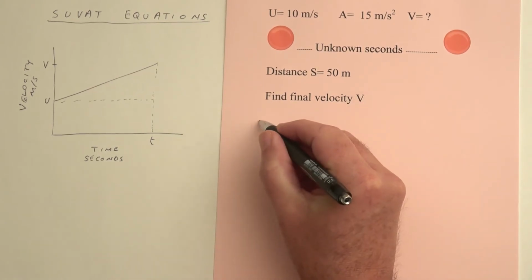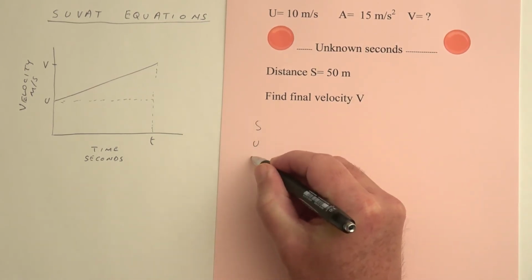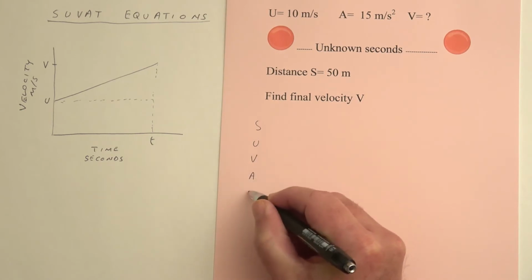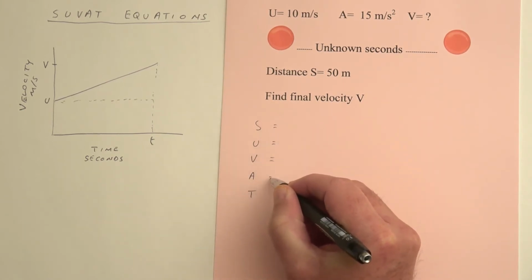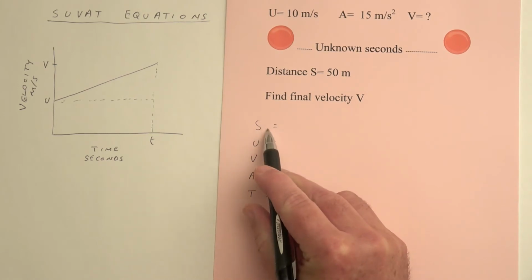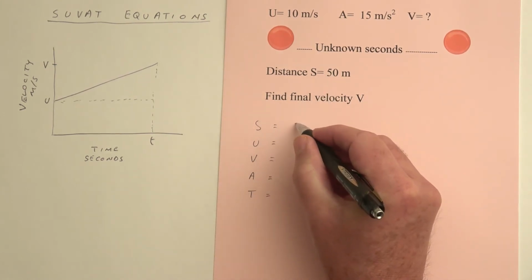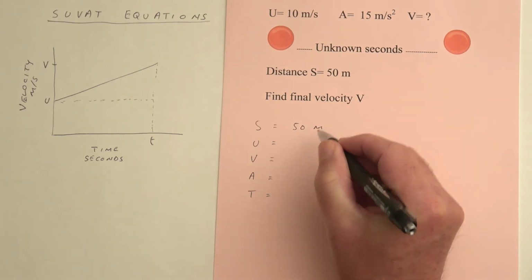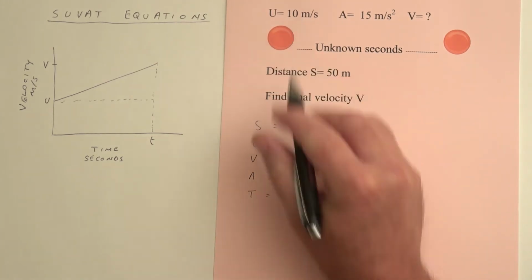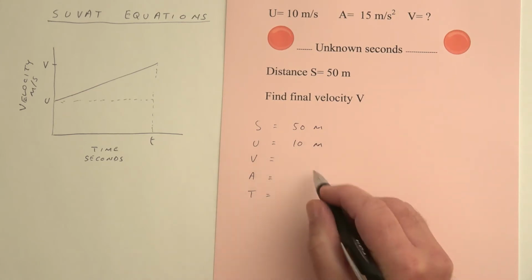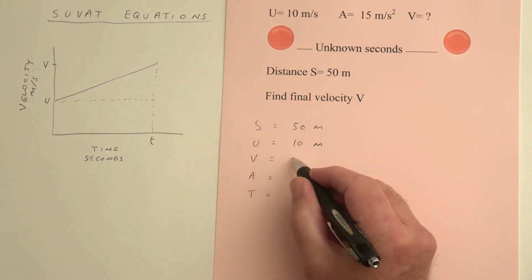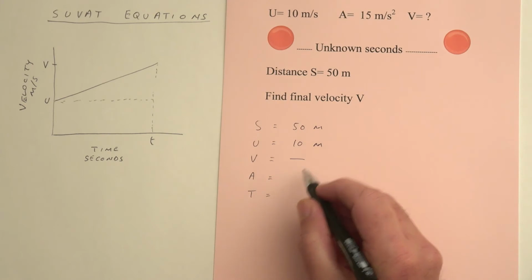Alright, we've got to find the final velocity of this one. And we don't know t, do we? Right. V is unknown. That's the thing we've got to find.